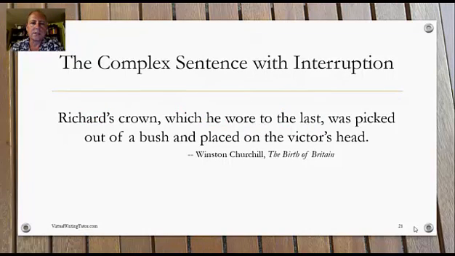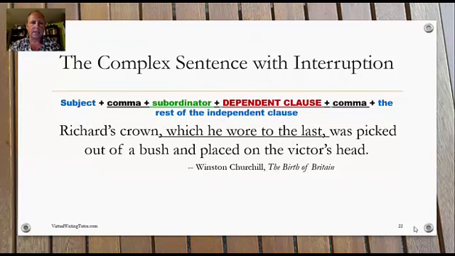Here is a complex sentence with an interruption. Richard's crown, which he wore to the last, was picked out of a bush and placed on the victor's head. Let's look a little bit more closely. As you can see, the interruption appears in the middle of the sentence, and it's surrounded by commas to set it apart from the rest.